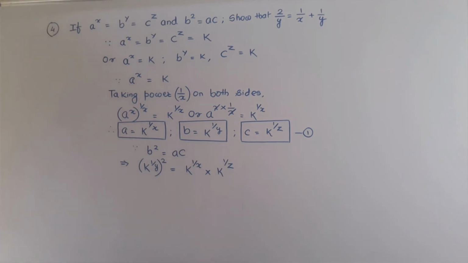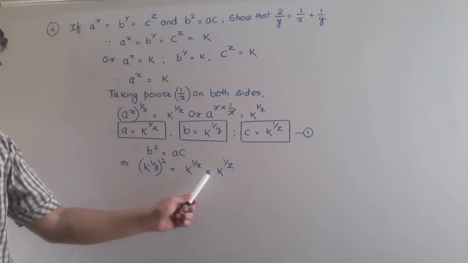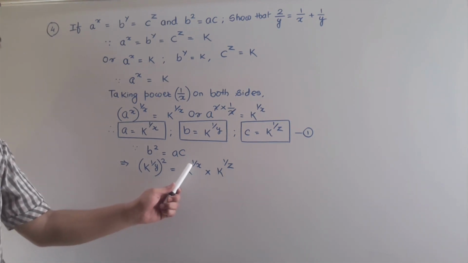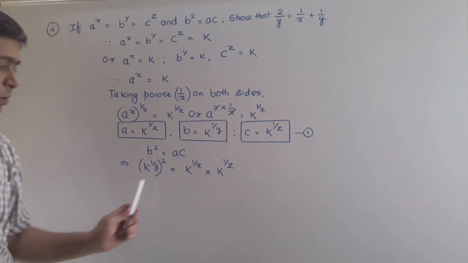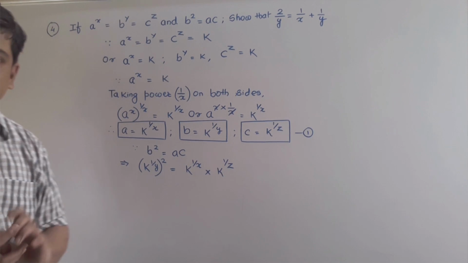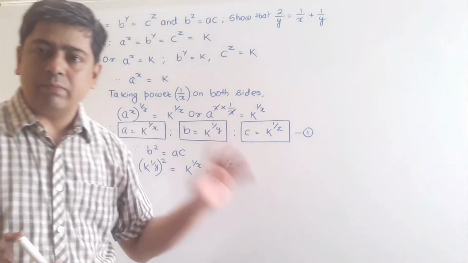Now one rule of exponents we have covered. If a term has two different powers, then those two powers get multiplied. And if two terms have the same base and are in multiplication, their powers get added. It is not possible to write down all the formulas here. I hope the laws of exponents are clear to you. Those laws only I am applying here.